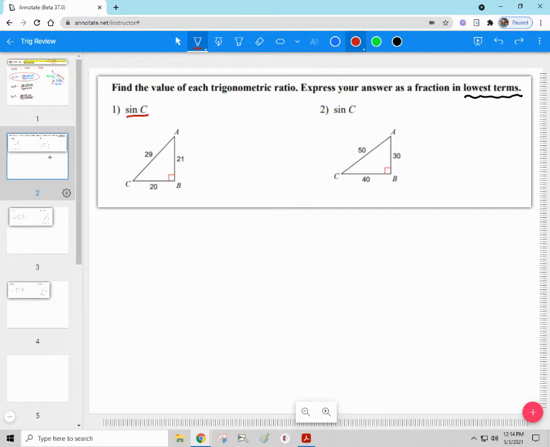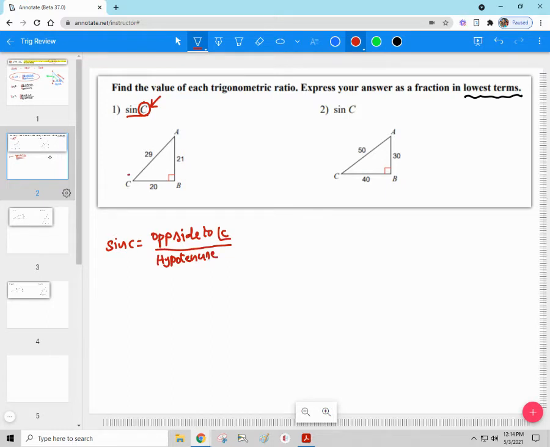So here the question says find the value of sine C. Therefore, sine C equals, SOHCAHTOA, opposite side to angle C over hypotenuse.